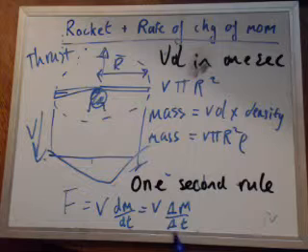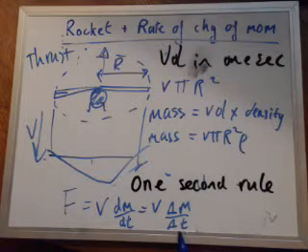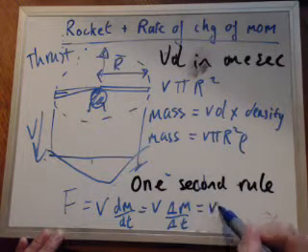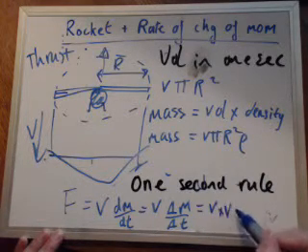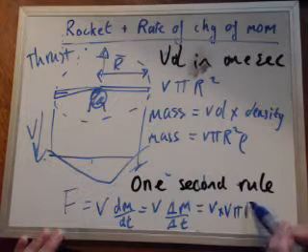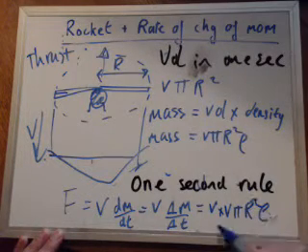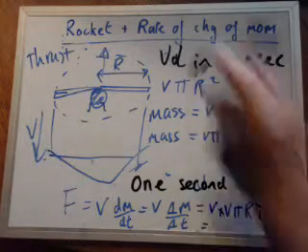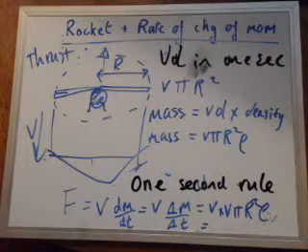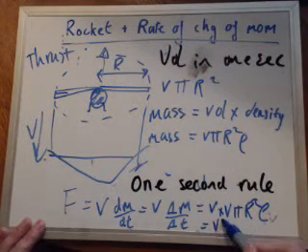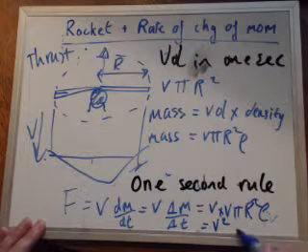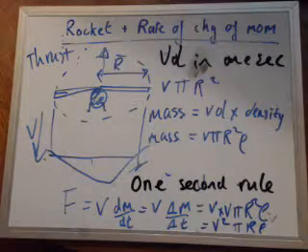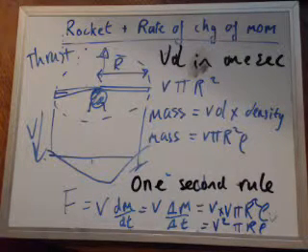In 1 second, delta t is just equal to 1. So that's just the velocity times the mass in 1 second, which equals v times v pi r squared rho, which turns out as v squared pi r squared rho. Okay, and that's the answer.